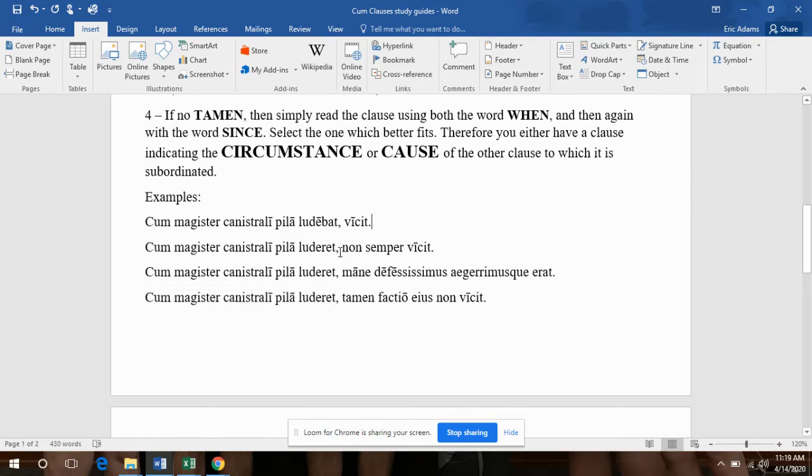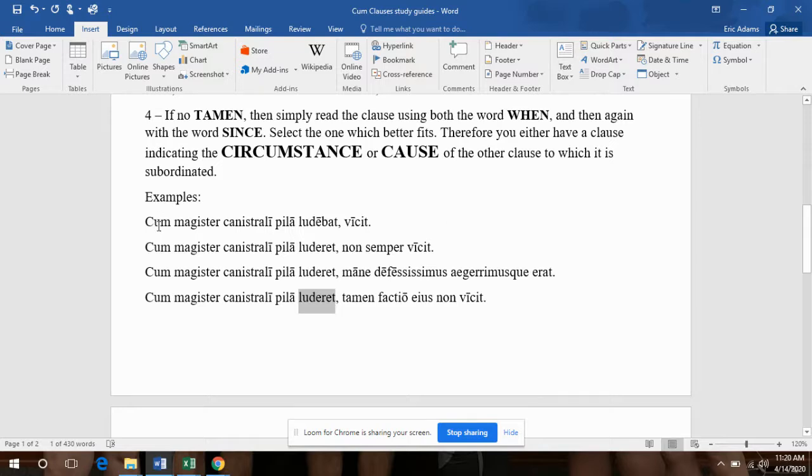In each of these, if you look, ludebat, imperfect, luderet, imperfect, the difference is that one is indicative, with ba, and that one is subjunctive because it has the present infinitive plus the ending, and thus it's still imperfect. And you will translate it imperfectly. This verb, ludo, ludere, means, of course, to play, and so it was playing, or played.